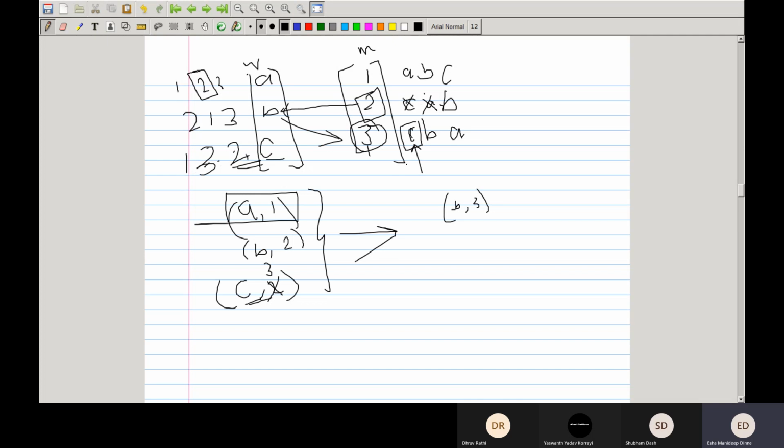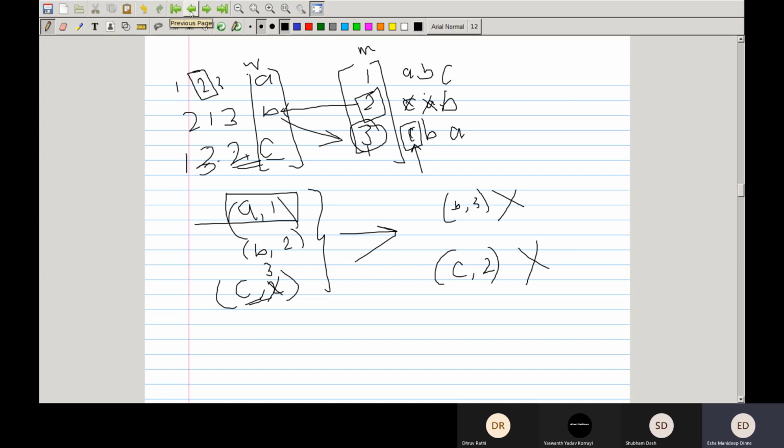But 3 is already matched to C, who is his first preference. So B comma 3 is not a blocking pair. Similarly, you can verify very simply that C comma 2 is also not a blocking pair. So we just verified through example that this algorithm generates a stable matching.